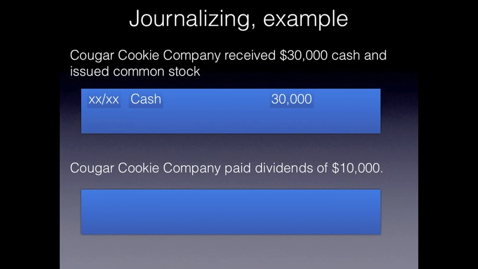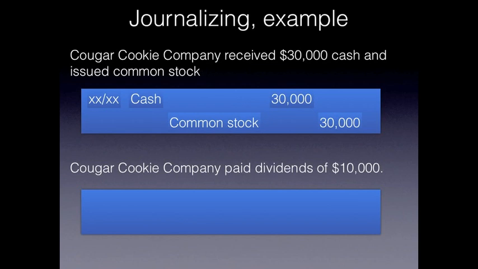The transaction says that we issued stock, so common stock is going up, and our rules say that common stock increases with a credit. So now we have to remember that we indent our credit slightly, the account name and the dollar amount.